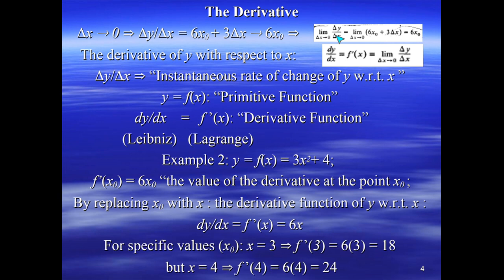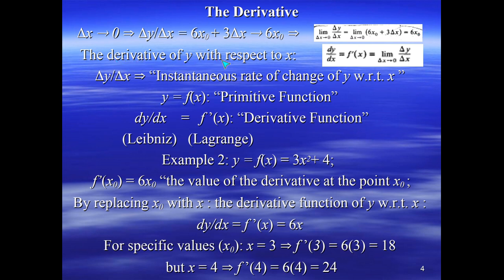In this expression, 6x0 plus 3 delta x, when delta x goes to 0, 3 delta x goes to 0 as well. So we remain with 6x0, a constant, whatever the value of x0. This is the value of the derivative of this function at the point x0.